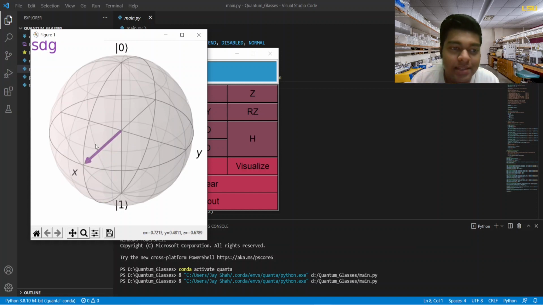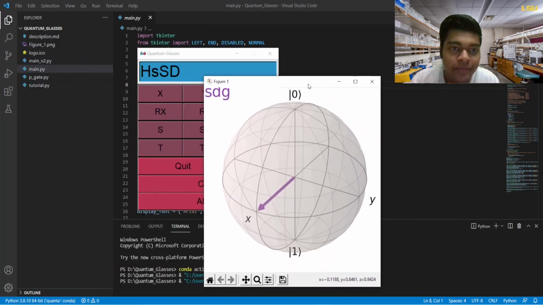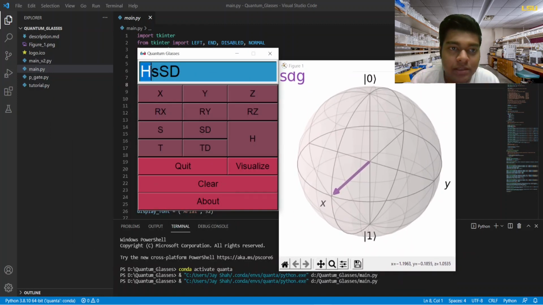You can see it just came to a halt at this state, the plus state, and you can see that after applying Hadamard, the first operation, it ended up in this state, and even though we applied the other two gates, the S gate and the S-Dagger gate, it still ended up in the same state. So it just means that the S and S-Dagger gates together are just as good as the identity matrix, the identity gate. Now we will get into the mathematics part.